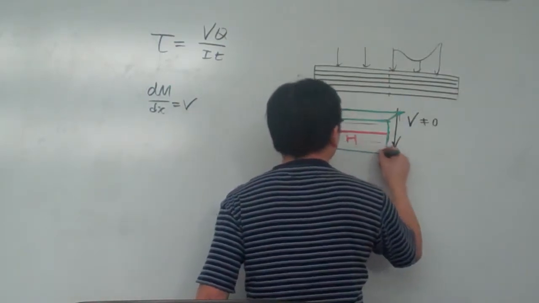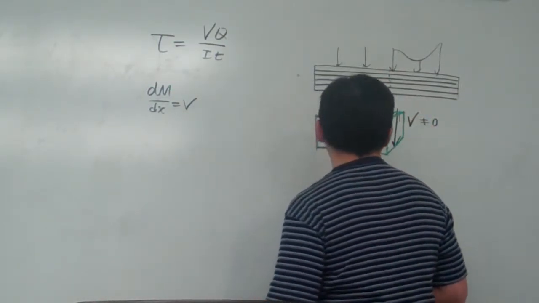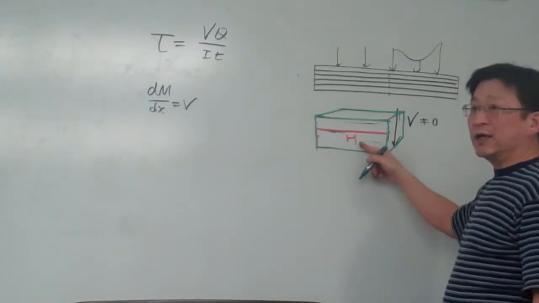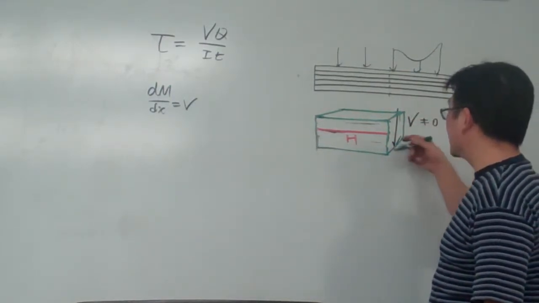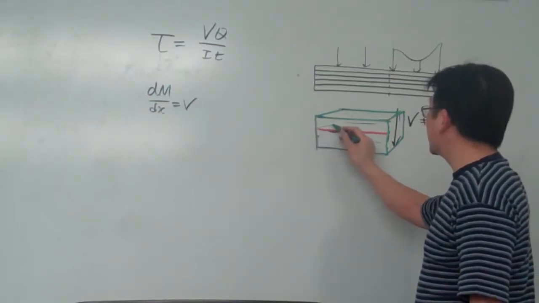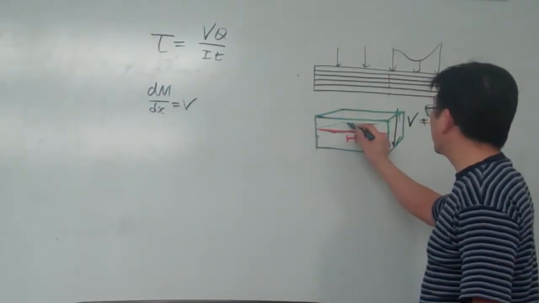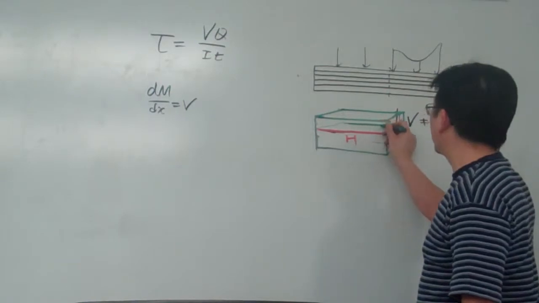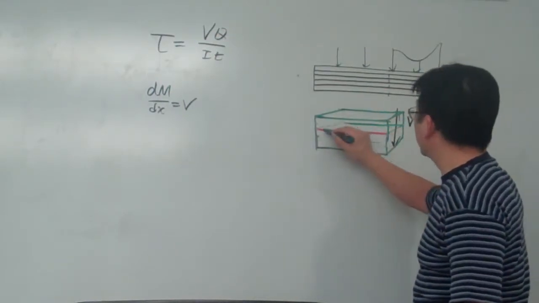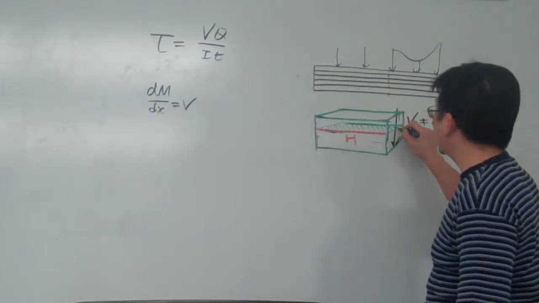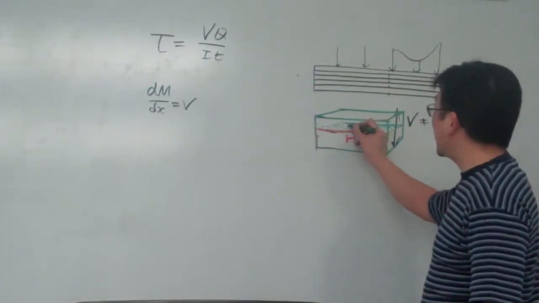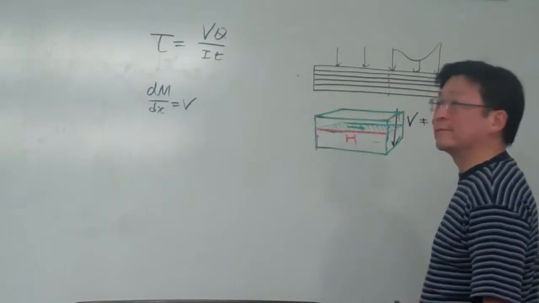So this will be the three-dimensional drawing of this one. H is existing, and due to the existence of transverse loading, H exists in this plane. From the 2D view we see a line, but from the 3D view, H is actually acting on here.